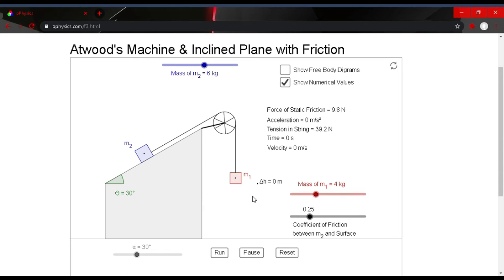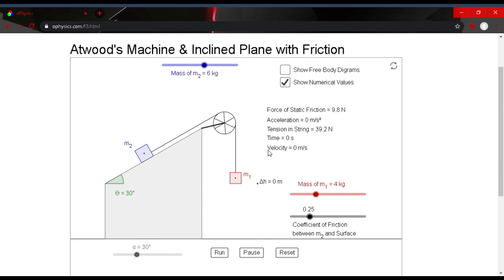Alright, if I click run, there is no movement for both sides because the M2 here is heavier than the M1, so we can't move the M2. When the M2 is heavier, there is no value for the acceleration and the velocity.